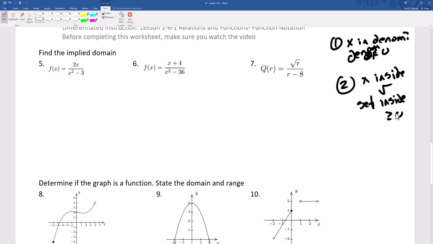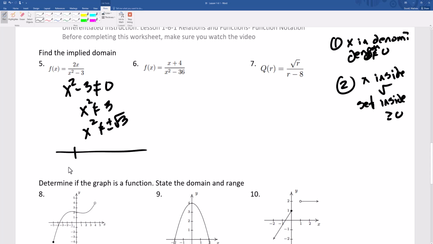So for number 5, is x in the denominator? Yes. So set the denominator where it can't equal 0. Solve. Square root. So now number line: negative root 3, positive root 3.